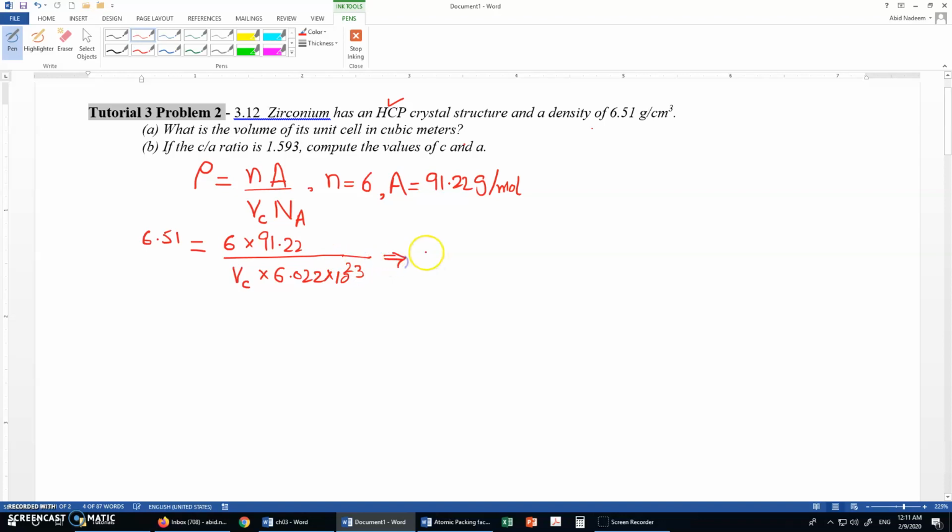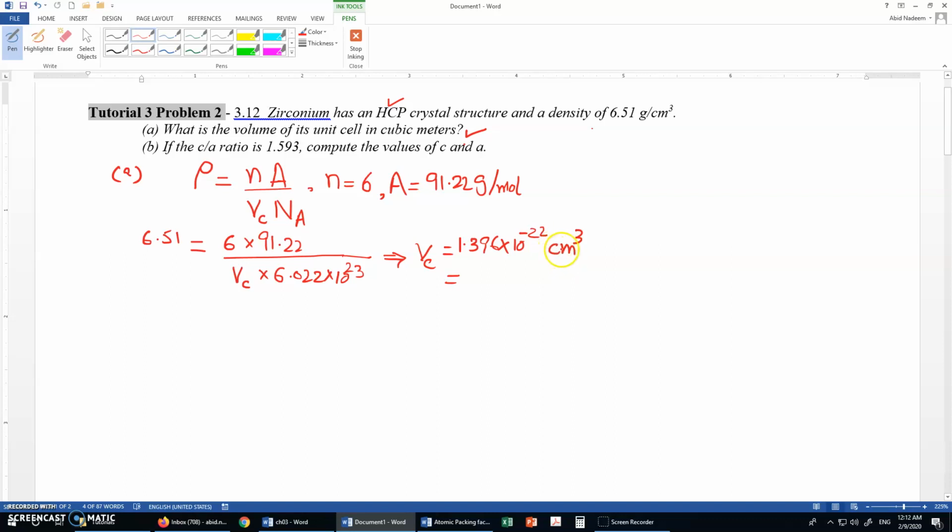Now we can calculate the value of VC. The value of VC will be 1.396 into 10 to the power minus 22 cubic centimeter. It is asked that the answer should be in cubic meters, and we know that 1 centimeter is equal to 10 to the power minus 2 meters.